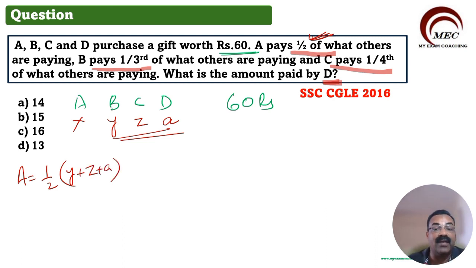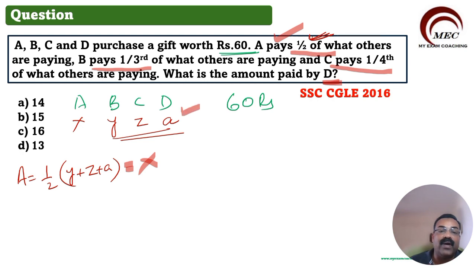Understand very, very clearly why I have taken it like this. It is given that A pays half of what others are paying. What is A paying? This will be equal to X, because A is paying half of what others are paying.